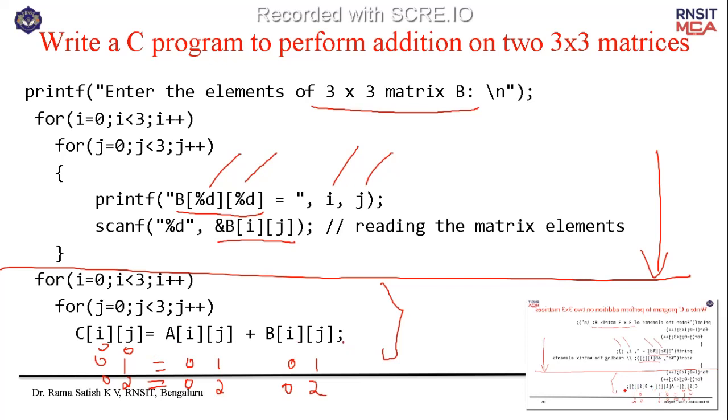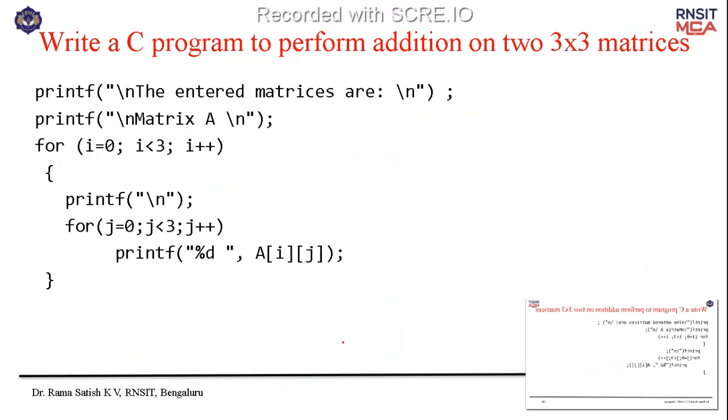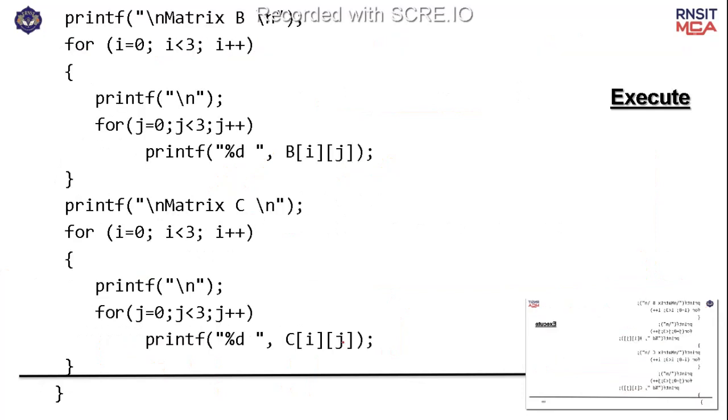So it adds all their respective elements, all the 9 elements get added to their positions, and finally matrix C is ready. Once matrix C is ready, you display matrix A, then you display matrix B, and you display matrix C.